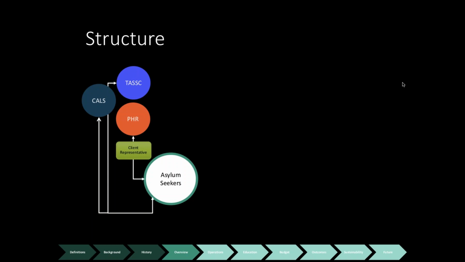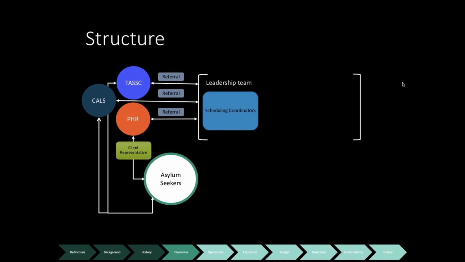From there, if one of these organizations recognizes that a medical evaluation, either physical or psychological, could help improve the client's or the asylum seeker's application for asylum, they'll then refer them to us.